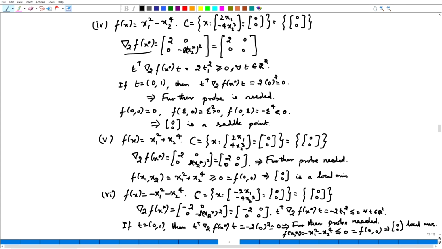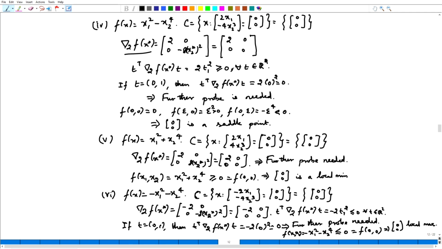We had an example where the critical point was a saddle point, an example where the critical point was a local minimum, and an example where the critical point was a local maximum as well. So, that is to indicate that further probe is actually needed.